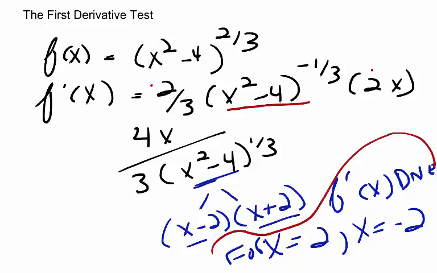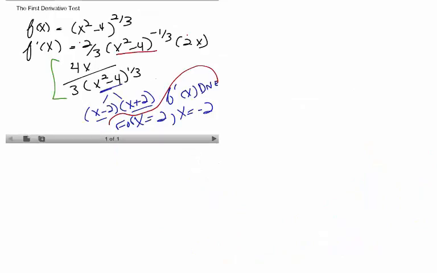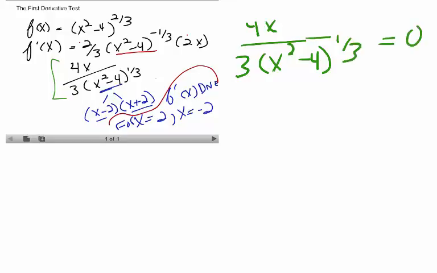Furthermore, solving for x would leave us with x equals 0, since setting this equation equal to 0 and multiplying the denominator on both sides would cancel.